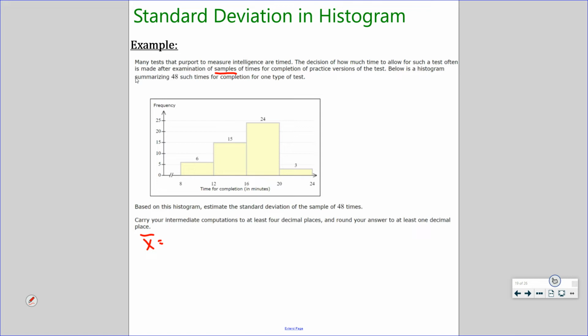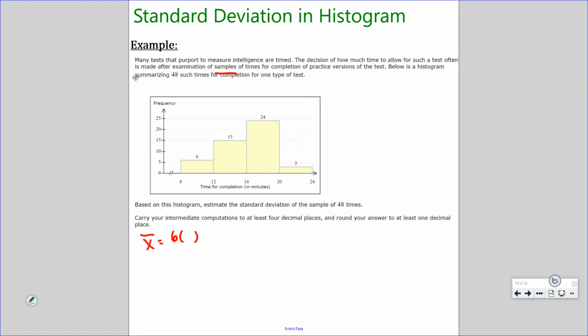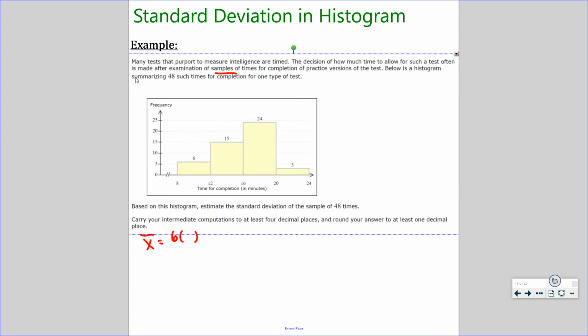There's 6 entries and we don't know exactly where they were, so we use the midpoint to approximate it. The midpoint here would be 10 in this first interval.